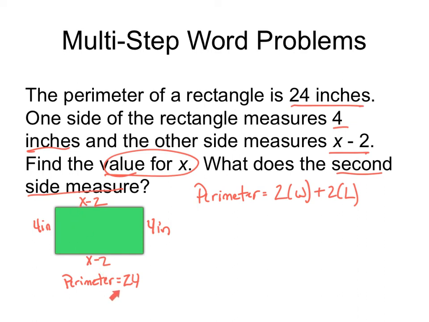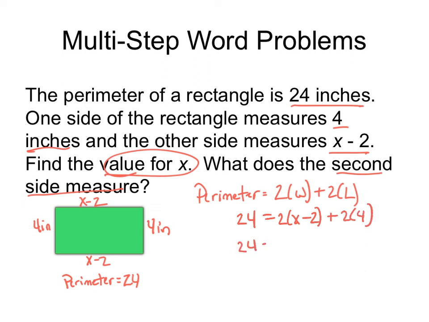And the perimeter was given to us as 24, and we know the perimeter means the distance around the rectangle. So the equation for perimeter is 2 times the width plus 2 times the length. So if we plug in what we know, I know the perimeter is 24, I know the width is x minus 2, and the length is 2 times 4.